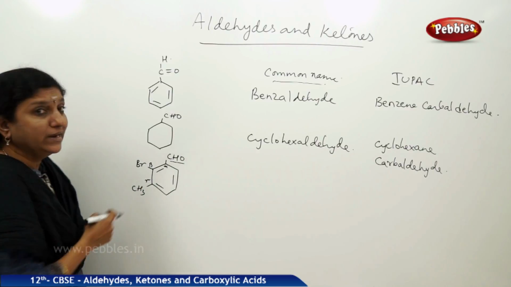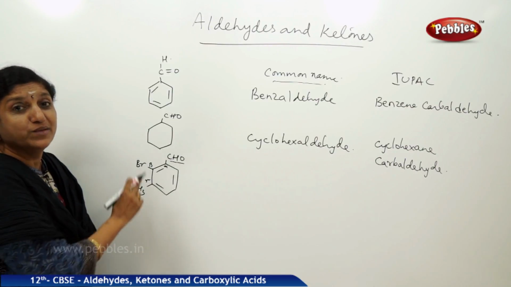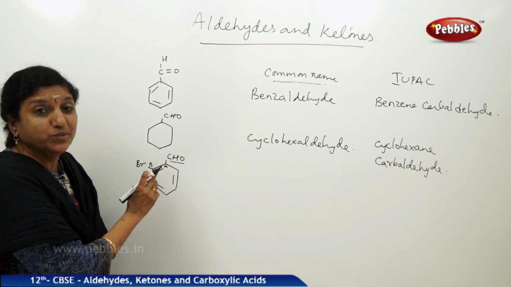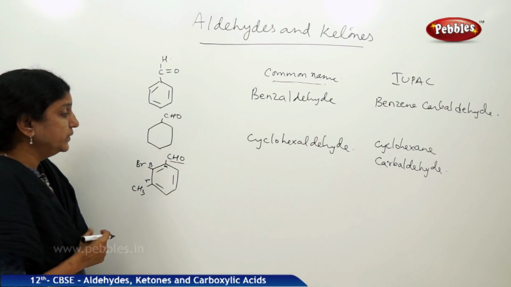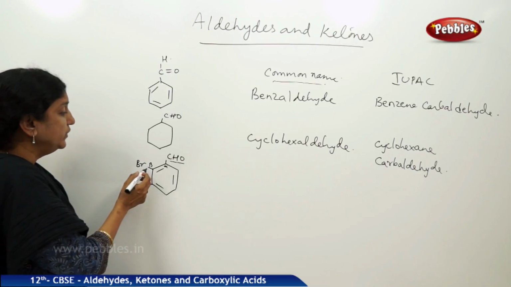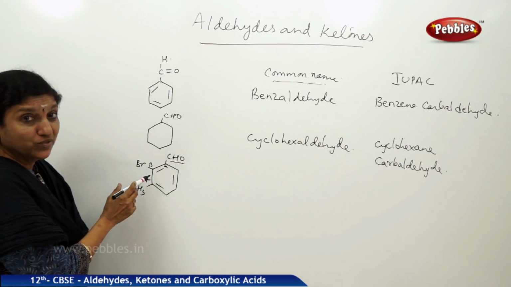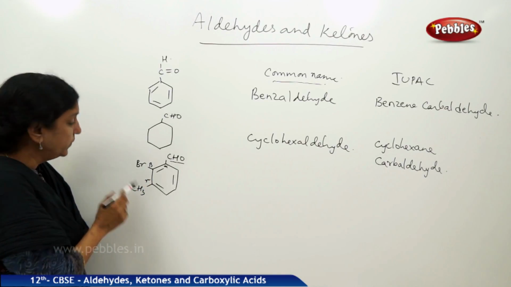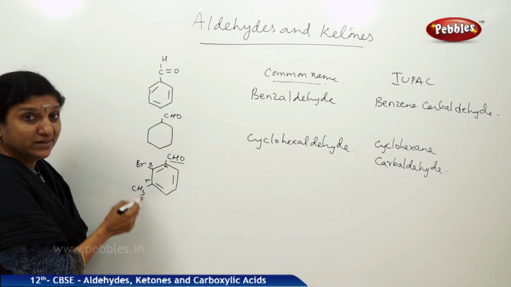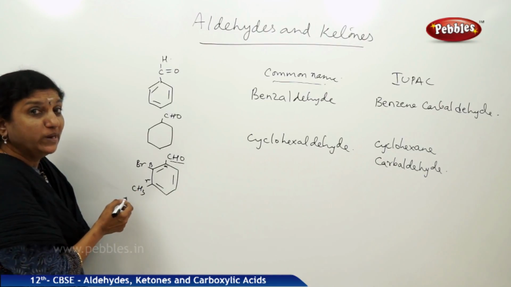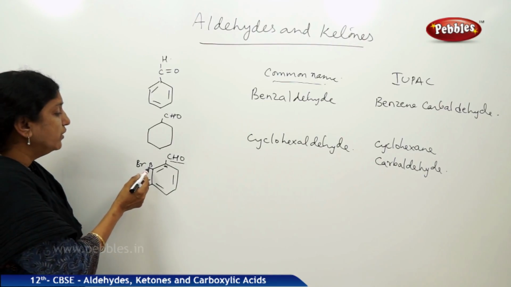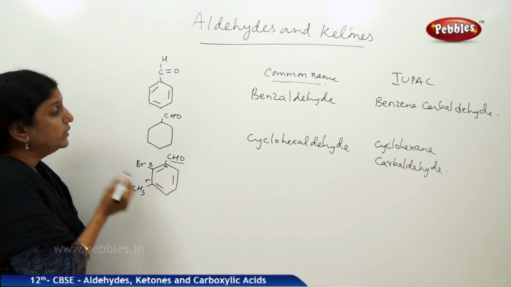So you have to indicate the position of the substituents using these symbols alpha, beta, gamma, whatever applies. Now in our particular example, the bromine is present at the beta position. So it is beta bromo, and there is a methyl group attached at the gamma position, and you will name in alphabetical order. So you have beta bromo, gamma methyl.